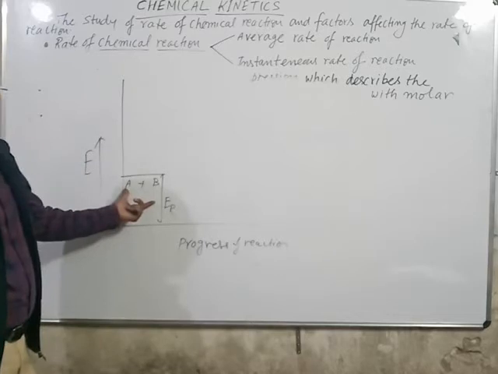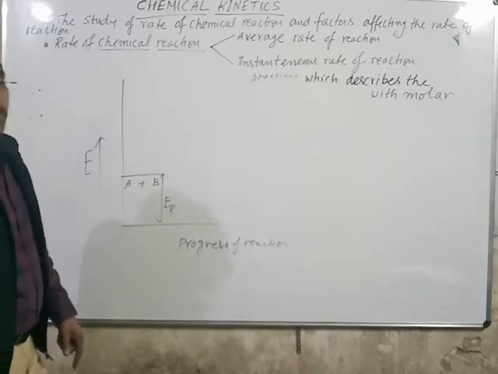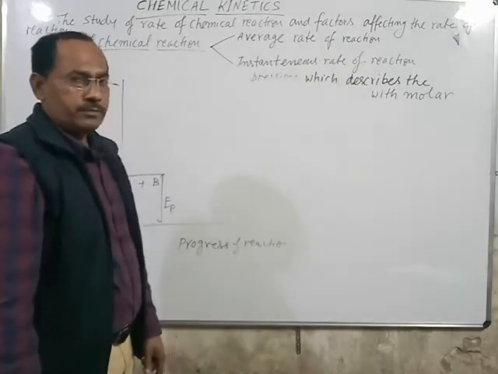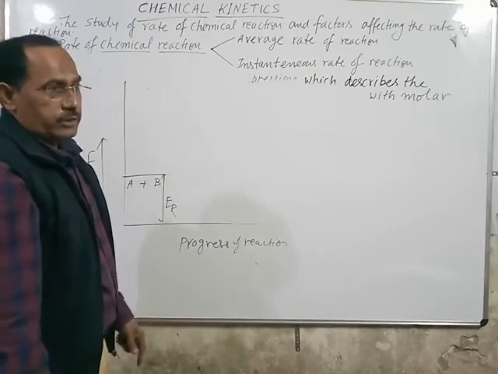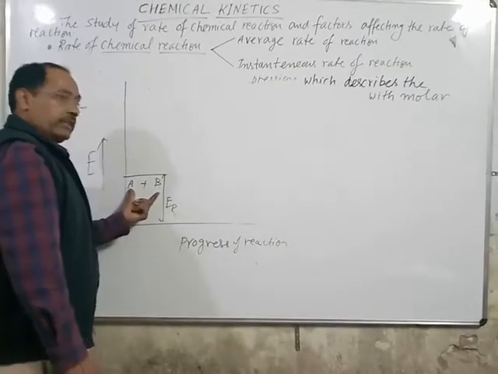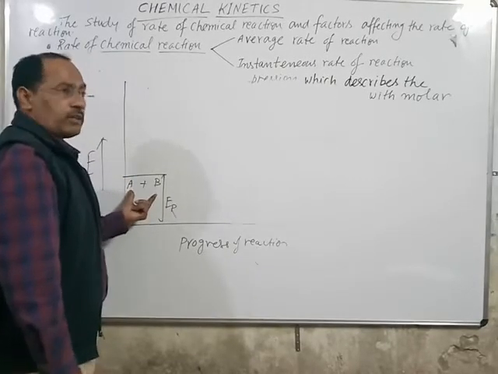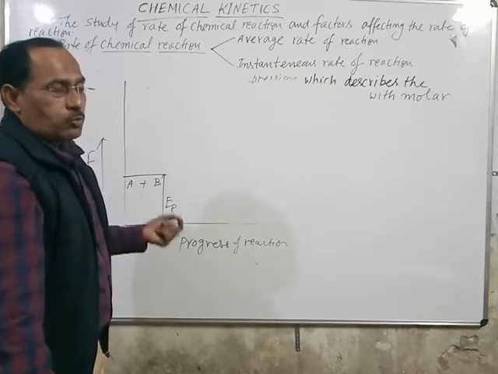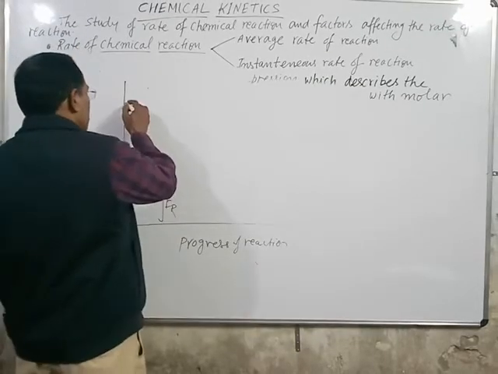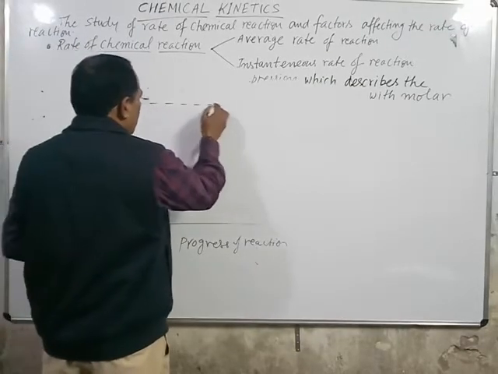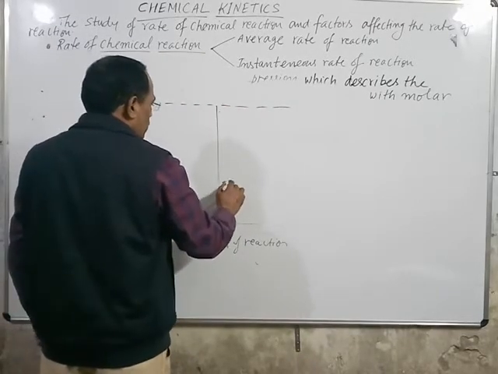A and B first of all form activated complex, and then formation of product takes place. In order to form activated complex, they require extra energy. The extra energy required for the reactant molecule to form activated complex is called energy of activation. Suppose this is the value of threshold energy, ETH.